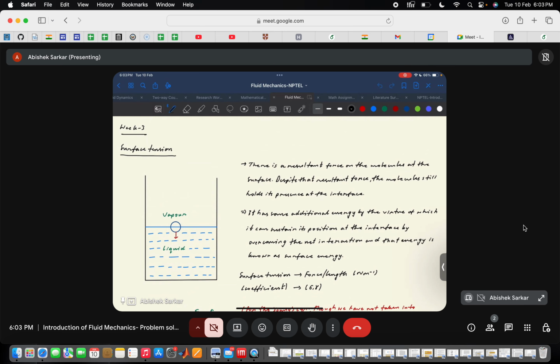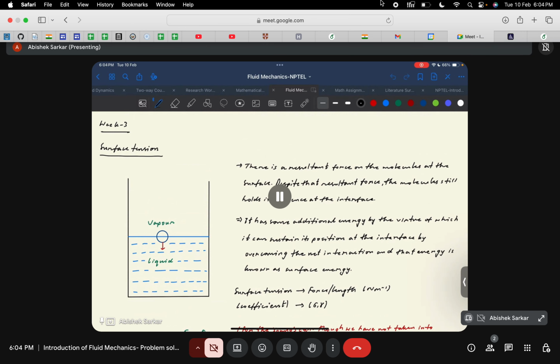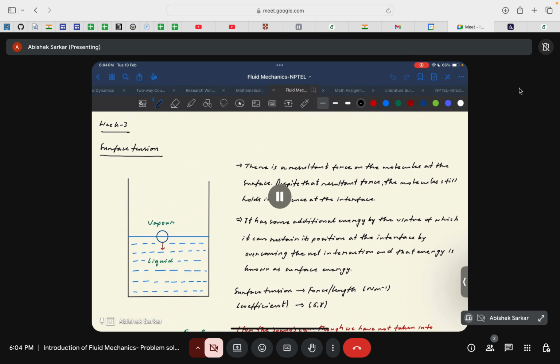Okay, so just to give you a brief overview. In this week we will discuss surface tension, which would be, I think, one of the last introductory topics of the fluid mechanics course.